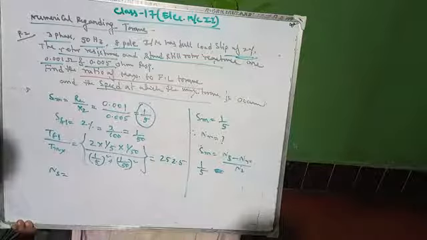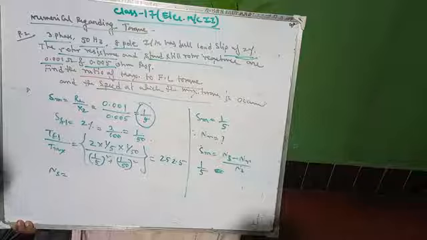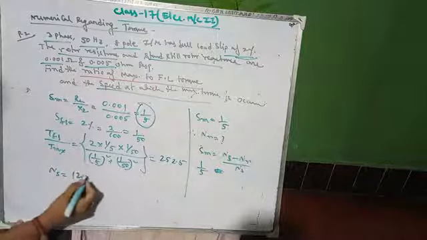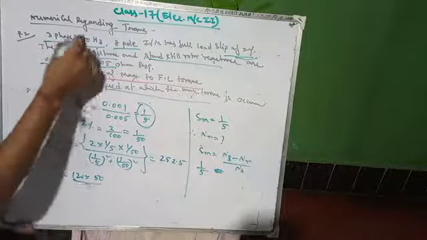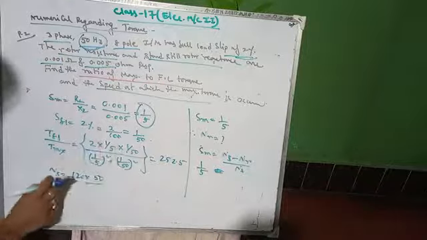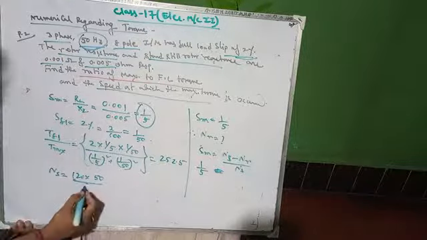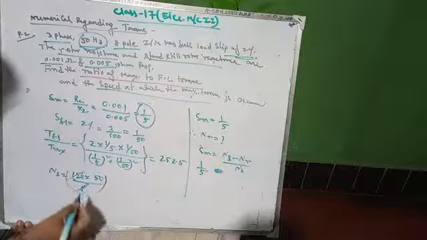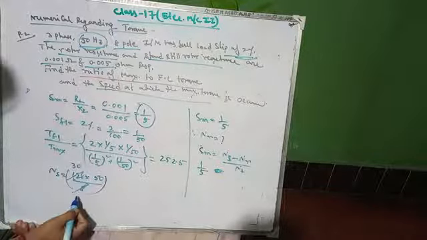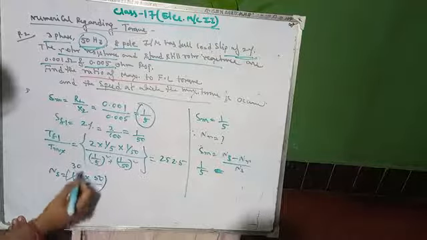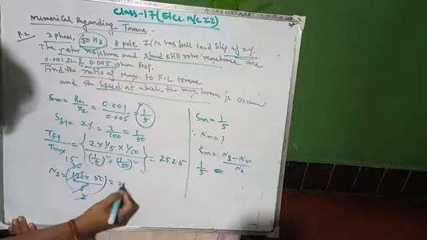So Ns equals 120 Fs by P. Here 50 Hz is given, so 120 Fs by P, and P means 8 poles. So calculating, Ns equals 750 RPM.